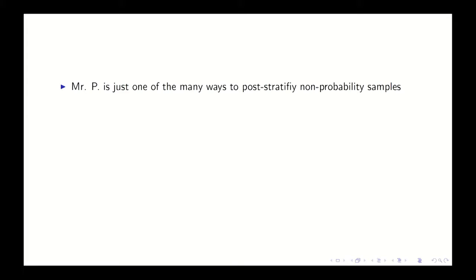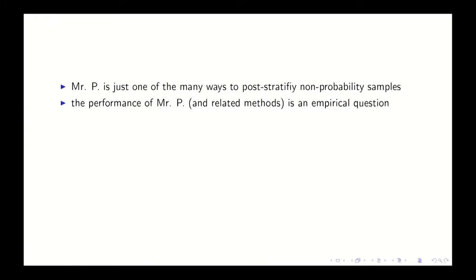So a couple points about the Xbox paper. MRP, the reweighting technique that they use, is just one of many ways to post-stratify non-probability samples. The performance of these is an empirical question. We should not assume that it works. We should not assume that it doesn't work. It's a question, and that's what we do research about.